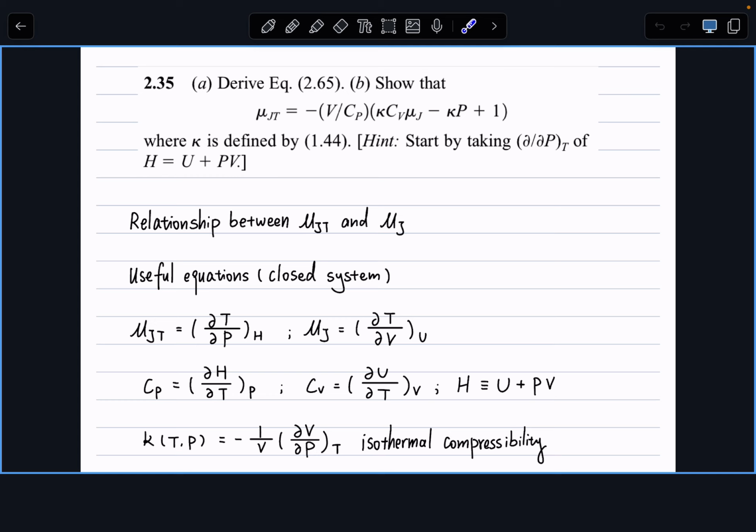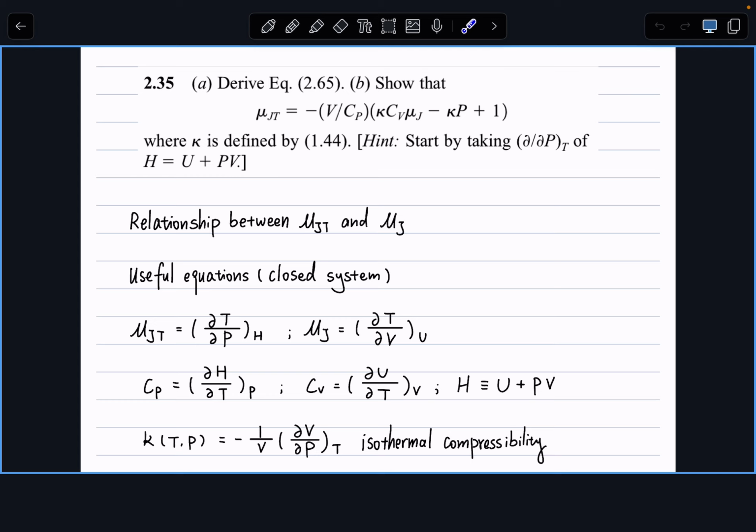So what we're using is H equals U plus PV, and taking the differential of H, we get dH over dP at constant T equals dU over dP at constant T plus pressure times dV over dP at constant T plus volume times dP over dP at constant T. So here we're using several calculus rules, right?